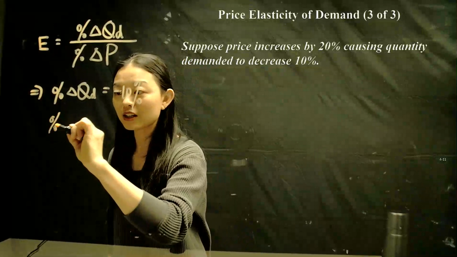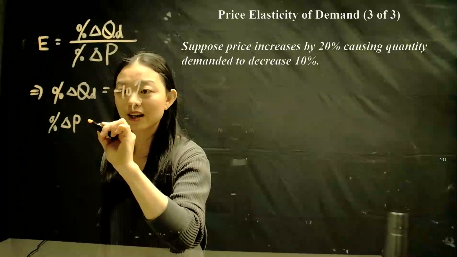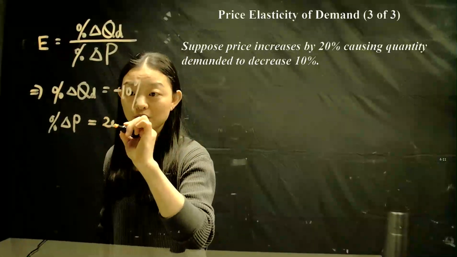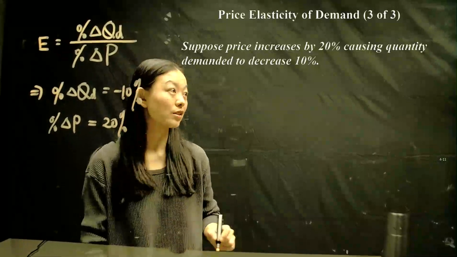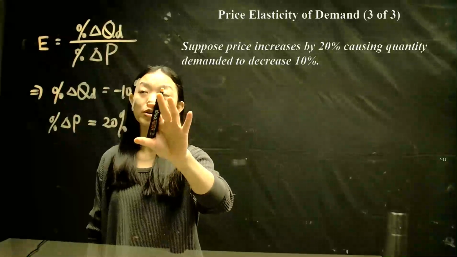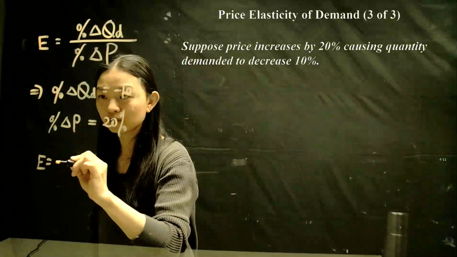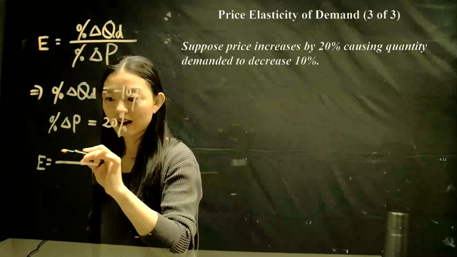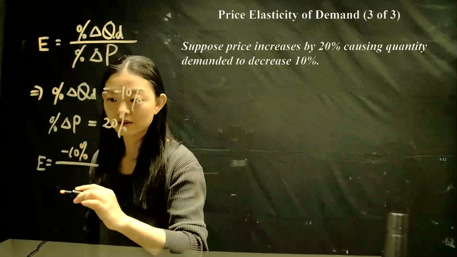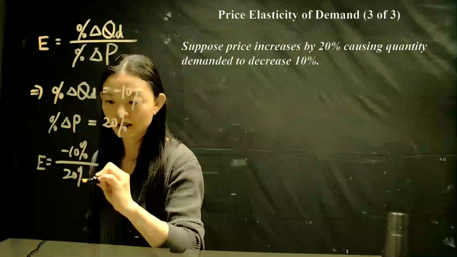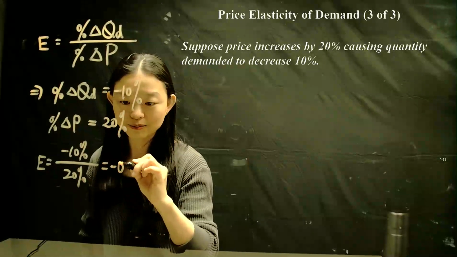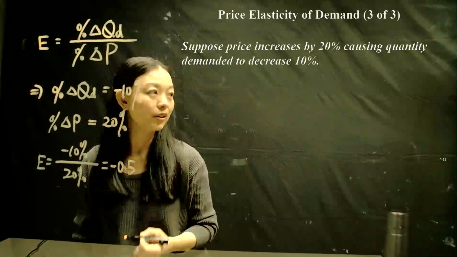And the percentage change in price is 20% because price increased by 20%. So can you compute the elasticity? The price elasticity equals negative 10% divided by 20%, which is negative 0.5.